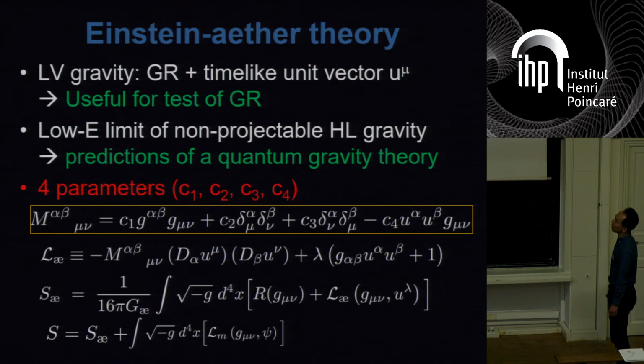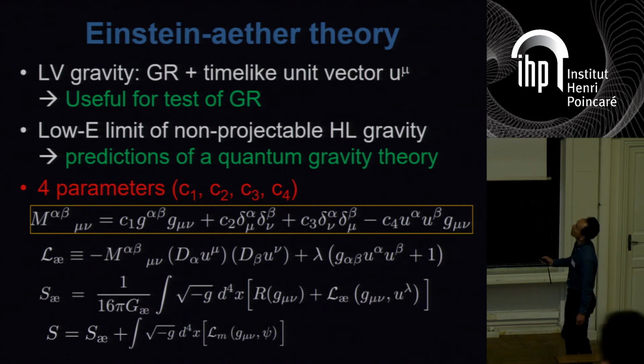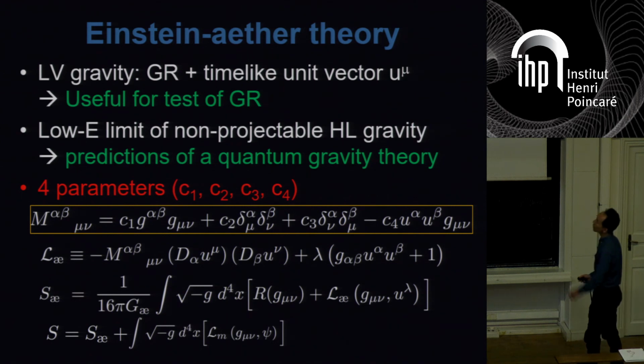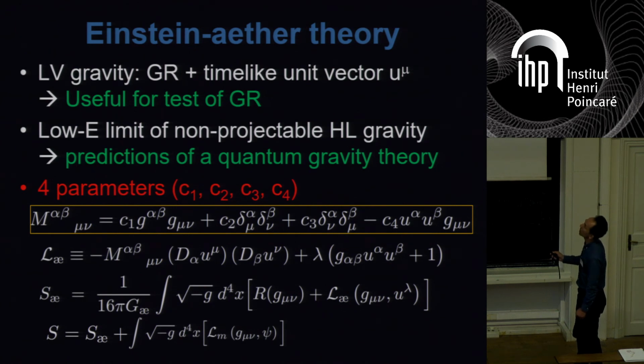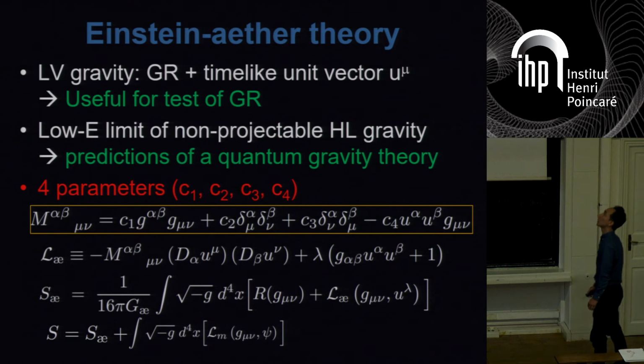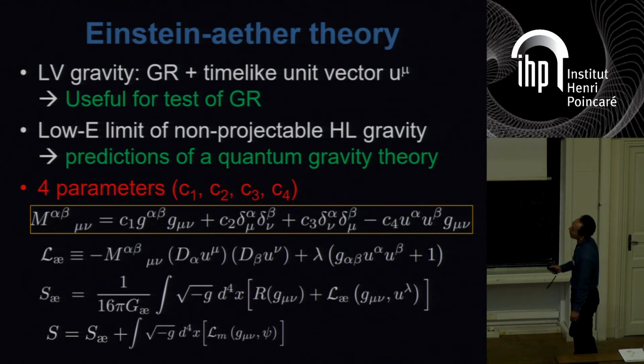Anyway, this theory is a low energy limit of non-projectable Horava-Lifshitz gravity. This may also be useful for tests of GR, because this is GR plus a time-like unit vector representing Lorentz violating gravity.